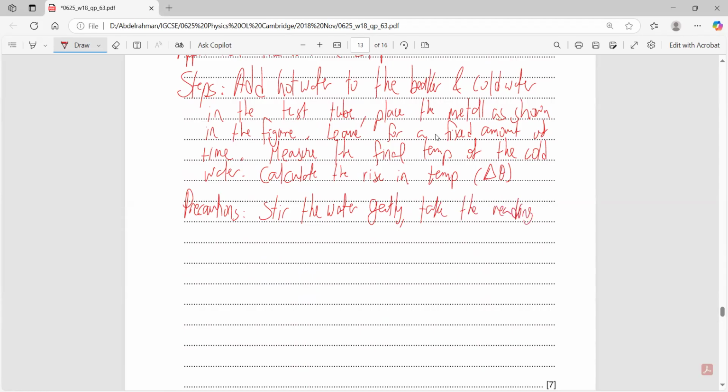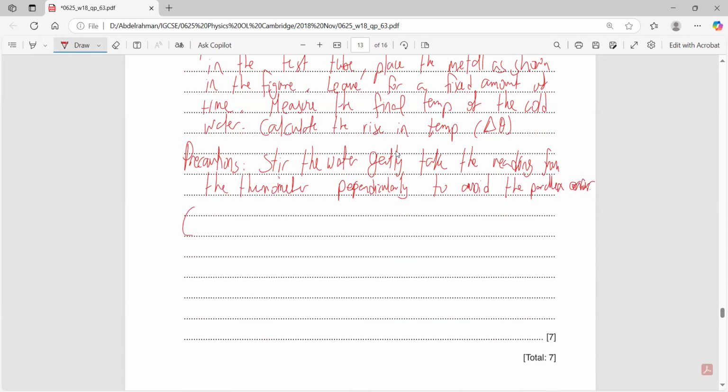Okay, take the reading from the thermometer perpendicularly to avoid the parallax error. Okay, so these are some of the precautions.